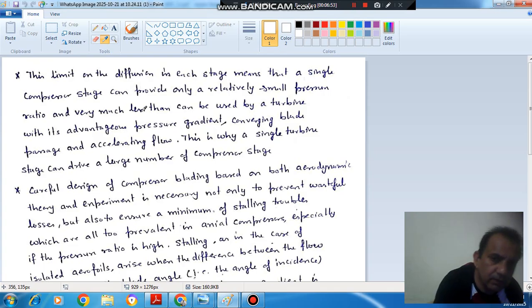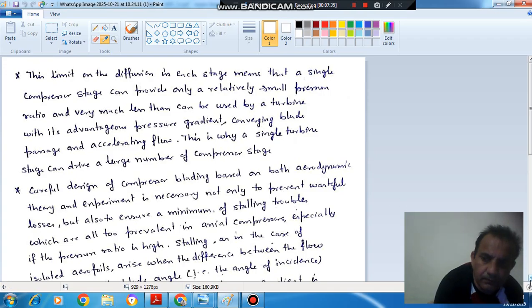In a single stage of a compressor there is a very small pressure rise, and that pressure rise is too small for the turbine. So a single-stage turbine will drive a compressor having a large number of stages.